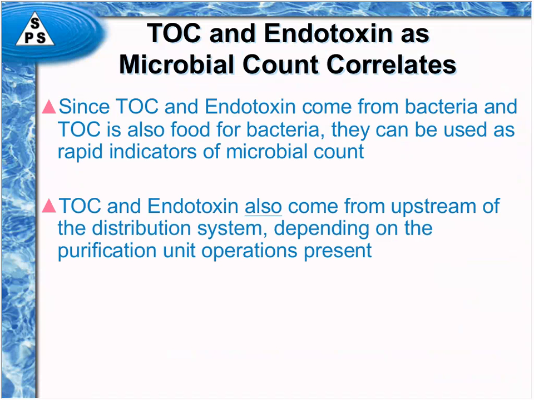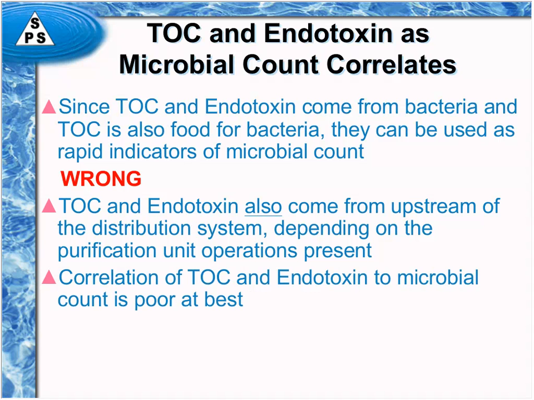And that is wrong. TOC and endotoxin also come from upstream sources, upstream of the distribution system, back in the purification unit operations, or even from the source water. And so when these two chemicals can come into the system from multiple sources and not just from the organisms that are growing in the distribution system, then you can no longer use these as correlates.